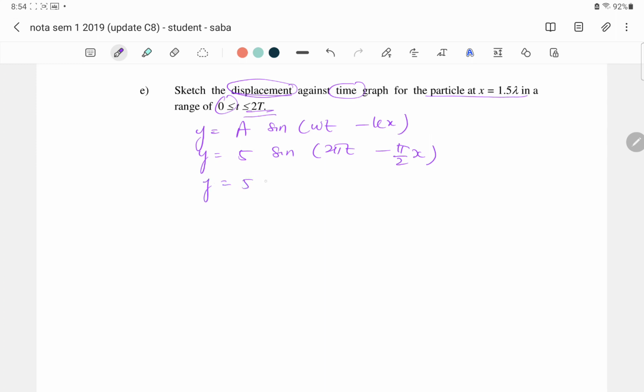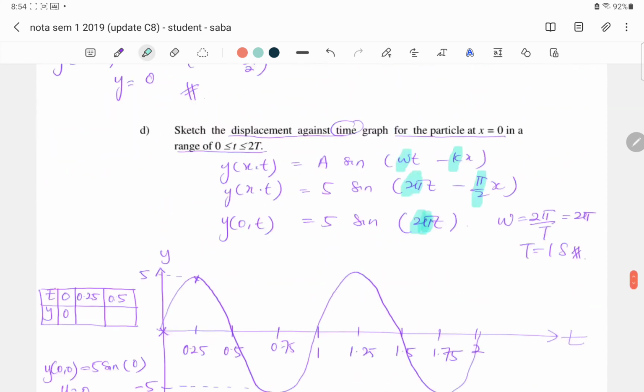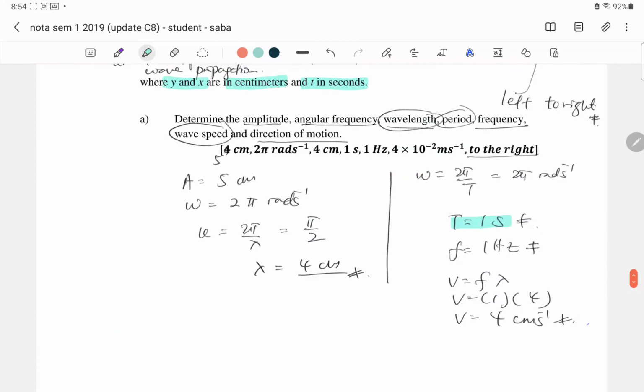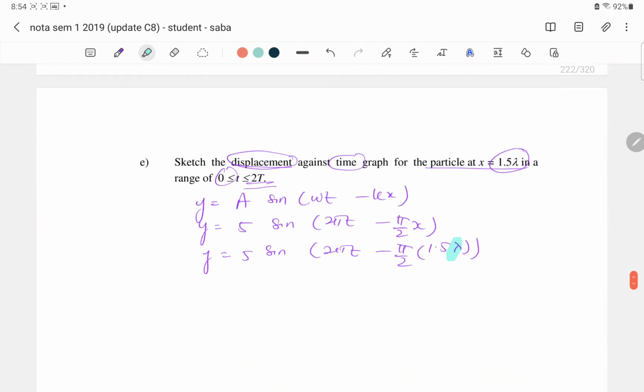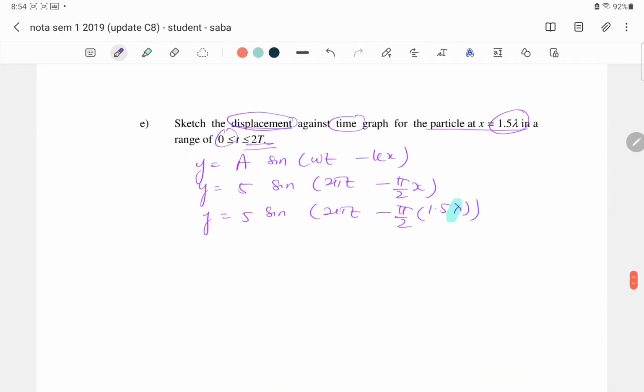Your x is 1.5 lambda. Okay, kita cari dulu lambda kita. Berapa lambda kita? Your lambda is 4 cm. So y equal to 5 sin 2 pi t minus pi over 2, 1.5, 4 cm. You have 6 lah.